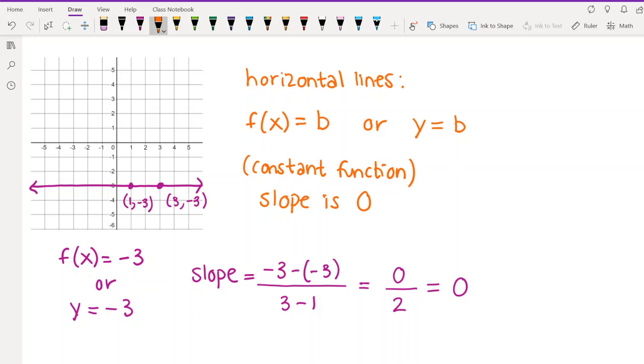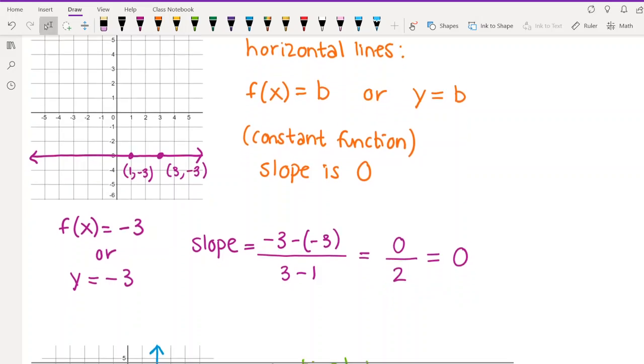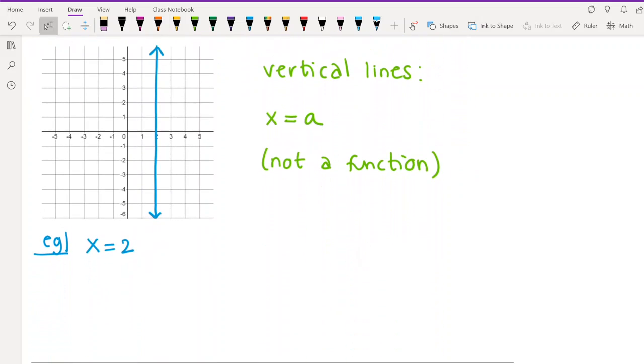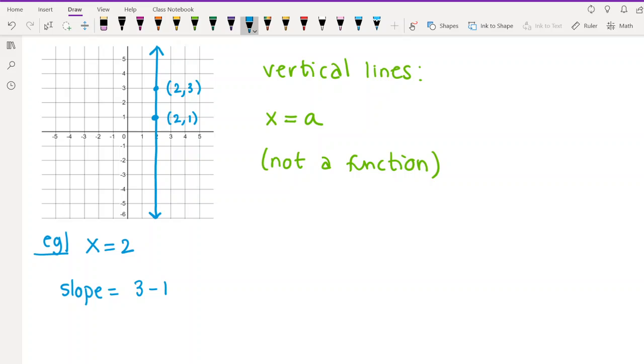There's no vertical change. So what happens if we try to take the slope for a vertical line? So let's just pick 2 points here. Let's maybe say the point (2, 1) and the point (2, 3). So if we tried to calculate the slope here, we'd subtract our y coordinates, so let's do 3 minus 1.